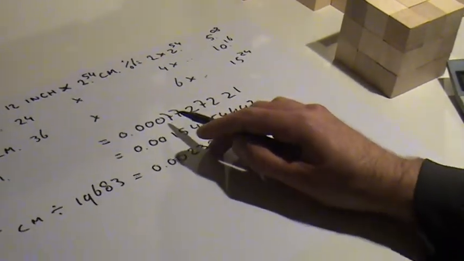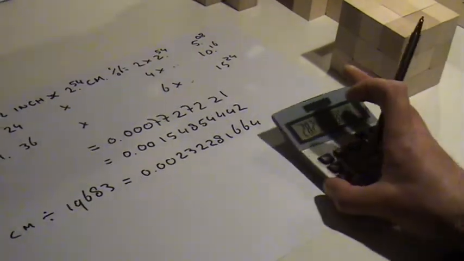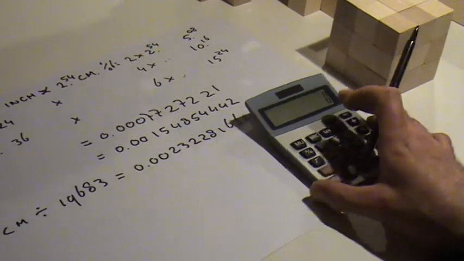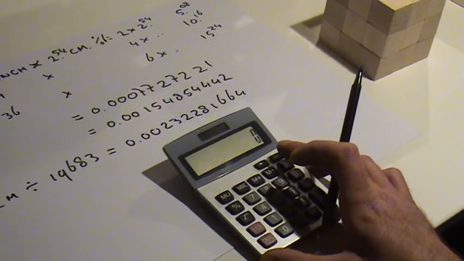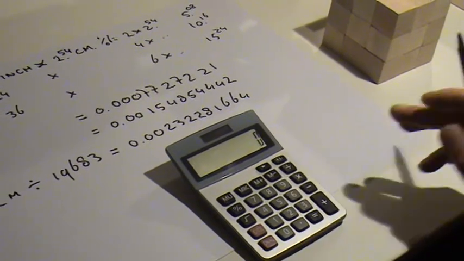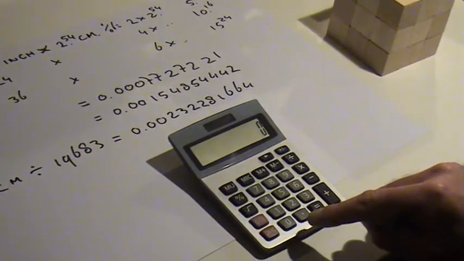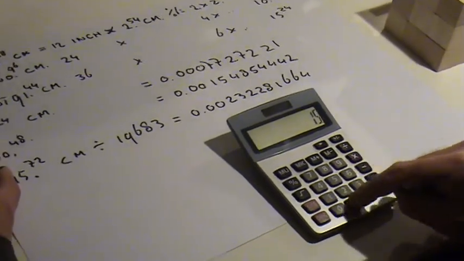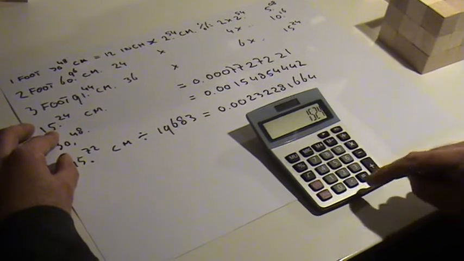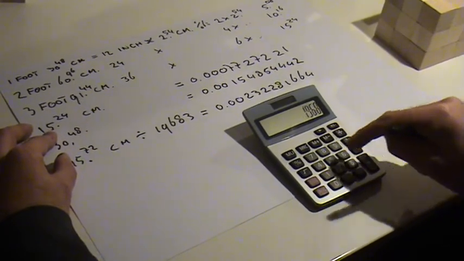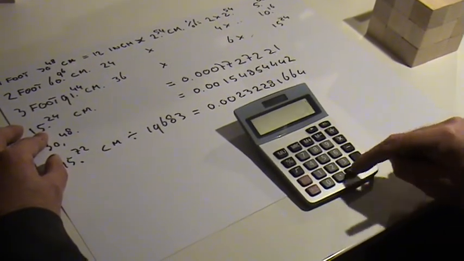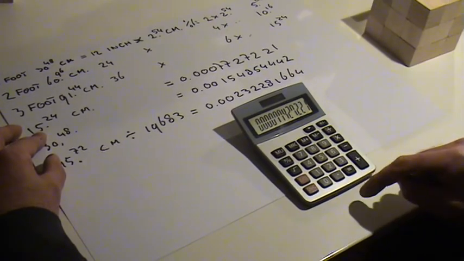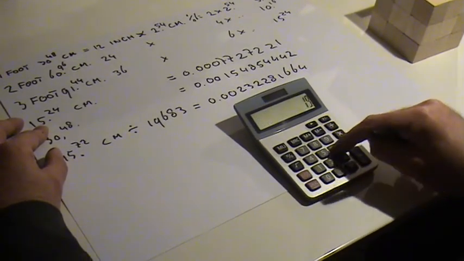So we can divide it once again when you want to build something really small, and then you see the number. So the smallest, we take 1524 divided by 19,683, divided again by 19,683.